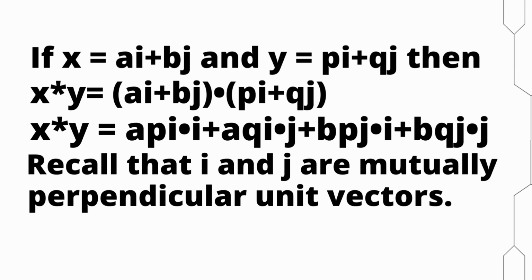And recall that i and j are mutually perpendicular unit vectors. Unit vector means that the magnitude of that vector is 1, and it is perpendicular because it forms a right angle.